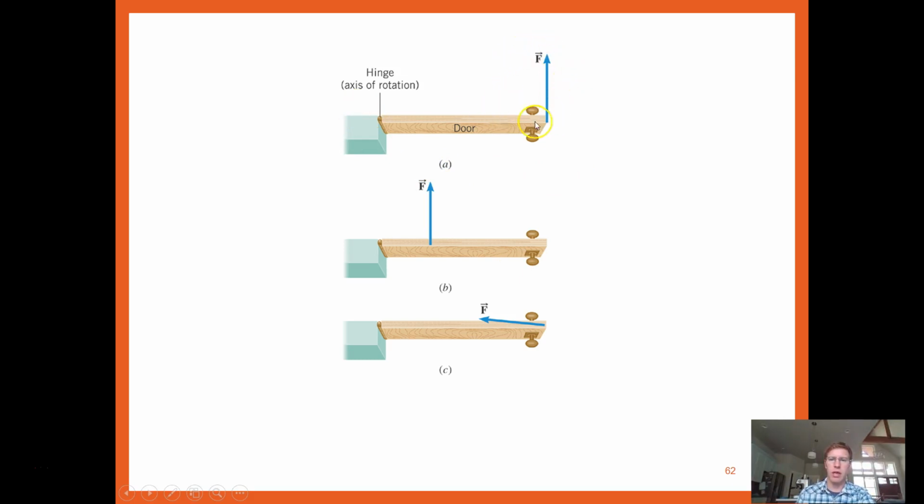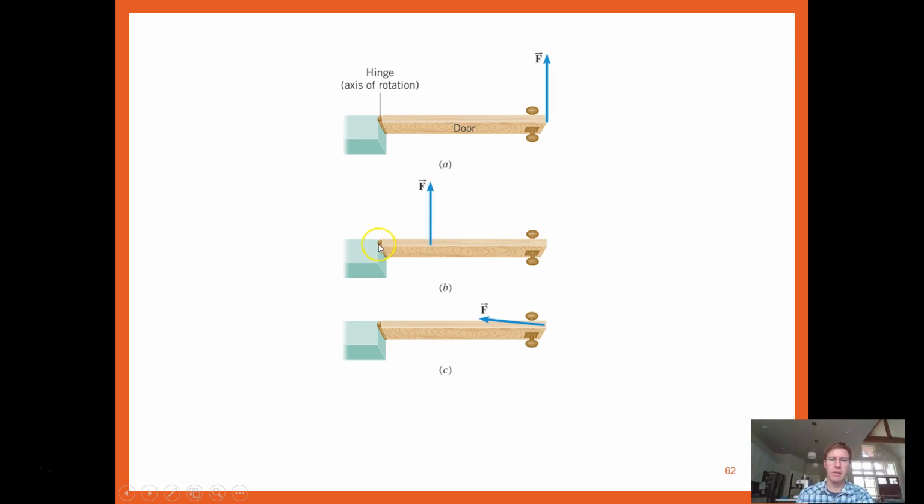So if I applied a force out here at the edge of my door, the door would want to rotate. If I applied the same force closer to the axis and further away from the doorknob on the same door, it will still want to rotate, but it'll be harder. It won't rotate as rapidly. It won't have as much acceleration because my force is so close to my axis, or my lever arm's so short.